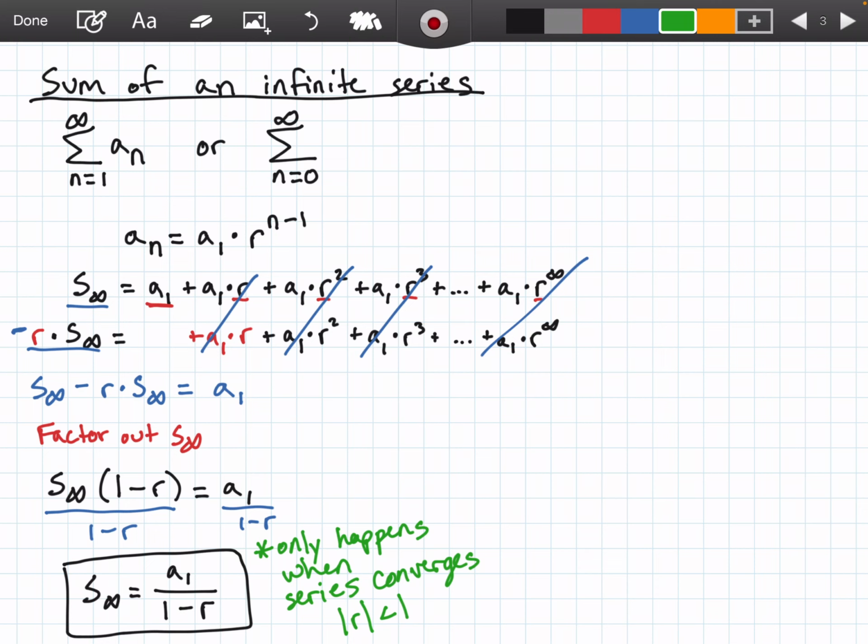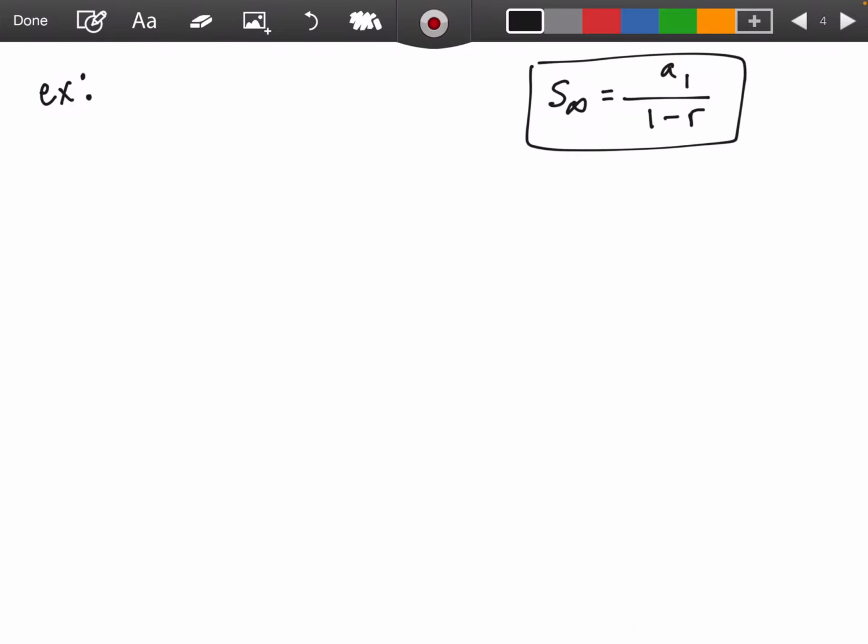Gotta pull up my examples here. Okay, I'm going to write my formula over here. So let's say the sum of 5/3 times 3/4 to the n minus 1 power.